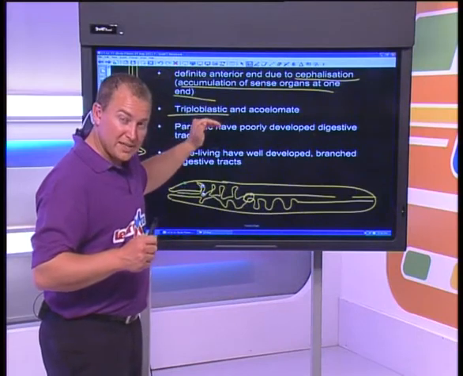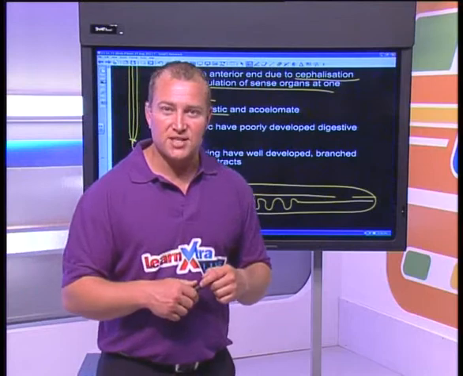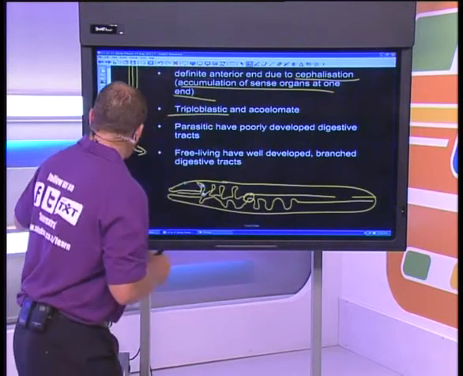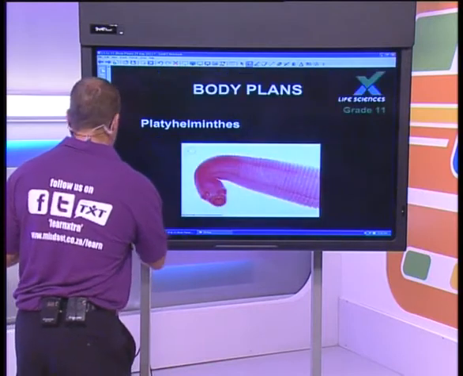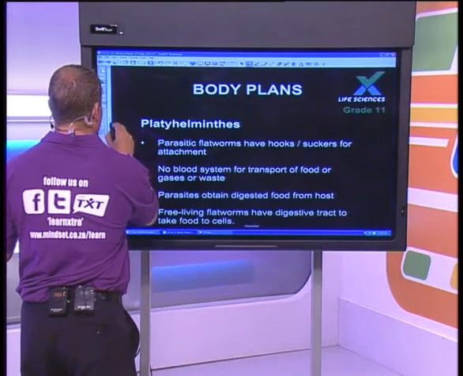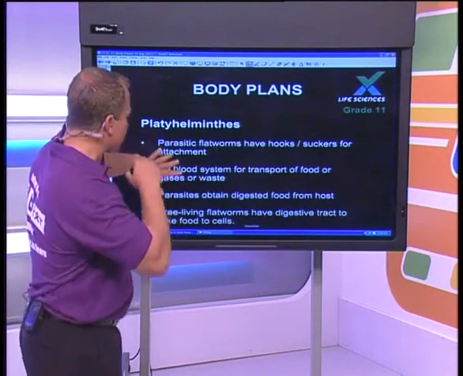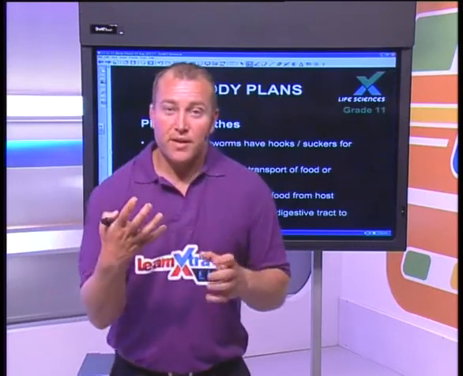Parasitic, poorly developed digestive system. The free-living ones, they have a nice digestive system. Now, the platyhelminthes is the flatworm.